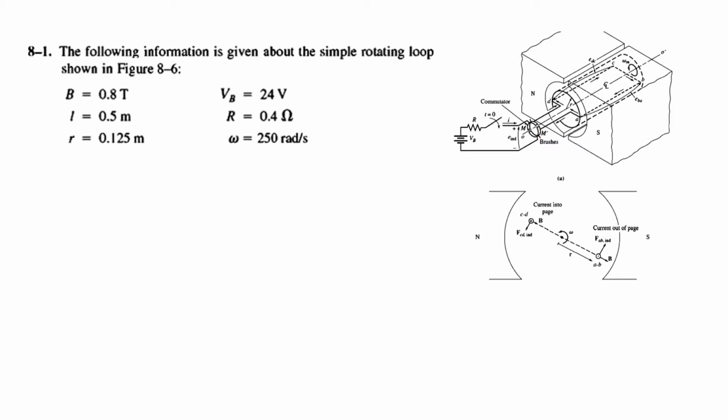are attached with it. What is given is B = 0.8 Tesla, B is the flux density, L = 0.5 m is the length of the coil, this length, r = 0.125 meter is the radius, this is the radius, VB, as I mentioned, the battery voltage is 24 volt, this resistance is 0.4 ohm, and it is rotating at a speed of 250 radians per second.